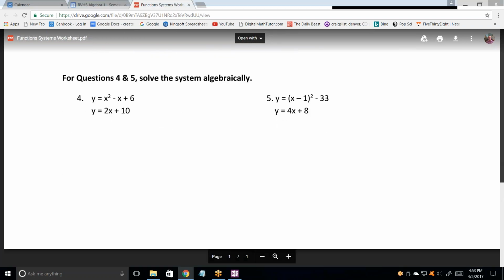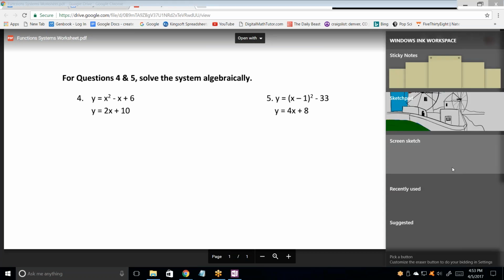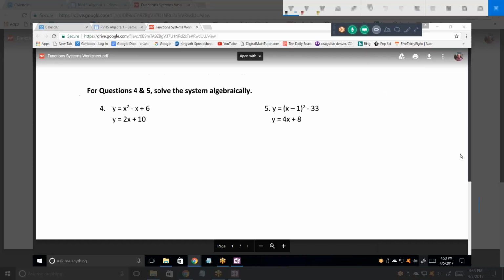All right, now they want us to solve it algebraically. When they give you two functions that are both y equals, that's the same y. This y equals this y.